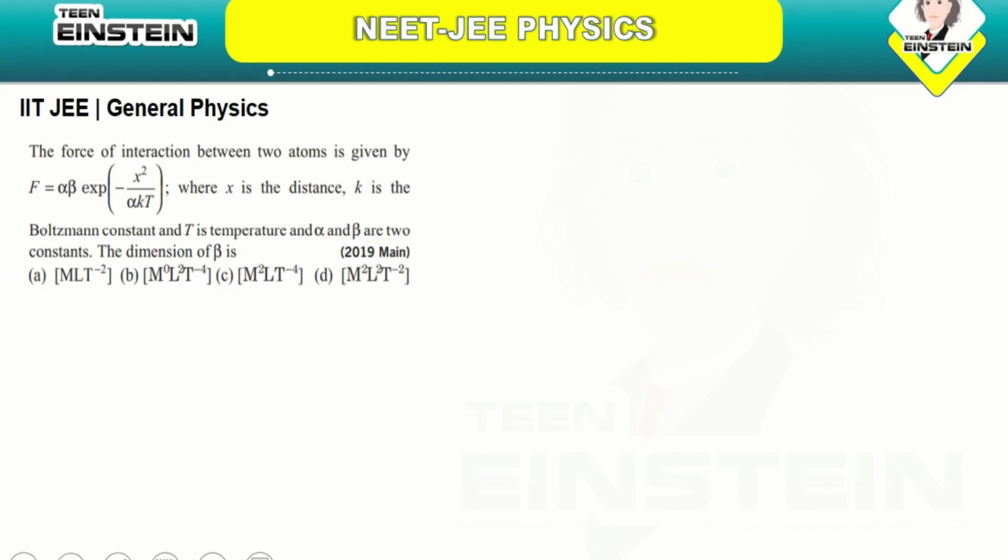The dimension of beta is. So, here the force of interaction between the two atoms is given by F is equal to alpha beta exponential minus x square by alpha kt.